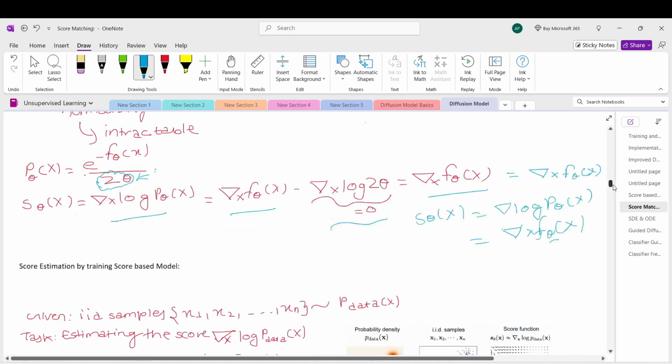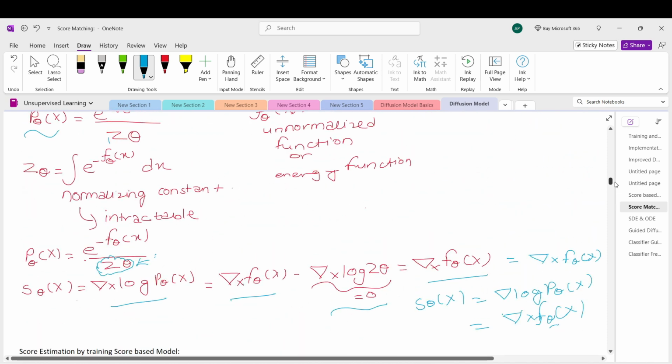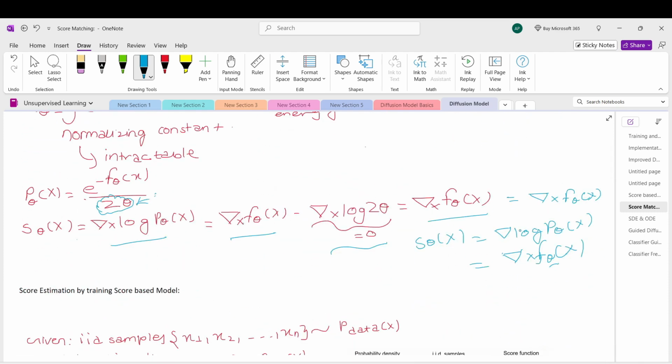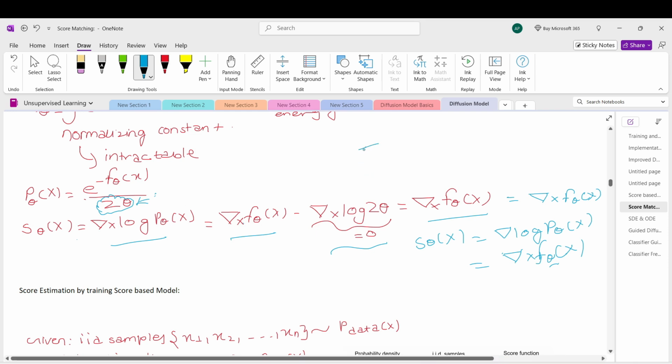And we can do many things with this. If we have got this quantity, the score, log p theta of x, we can do many things.